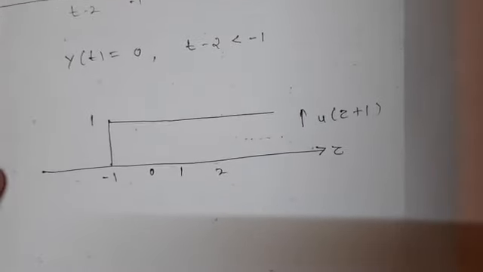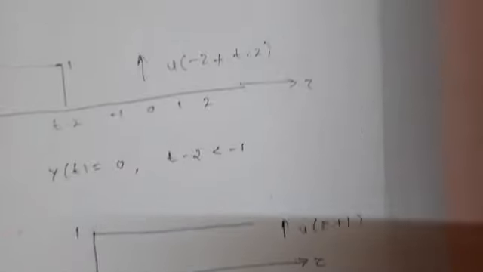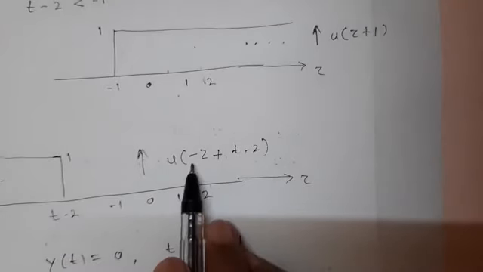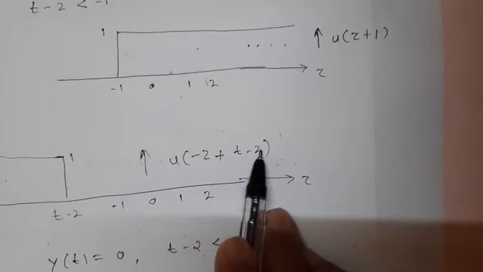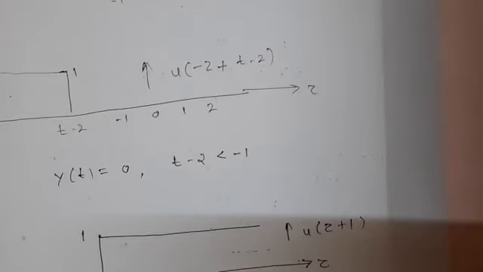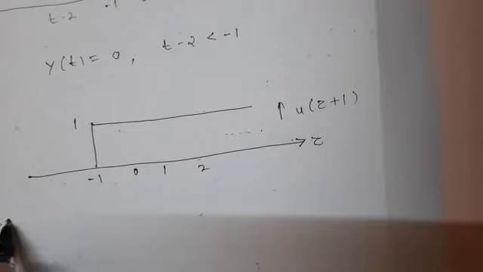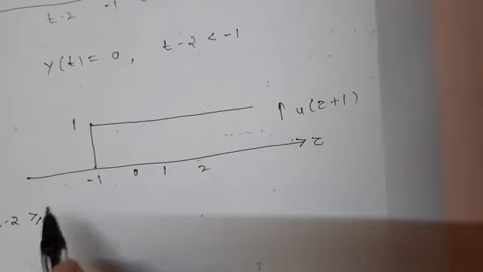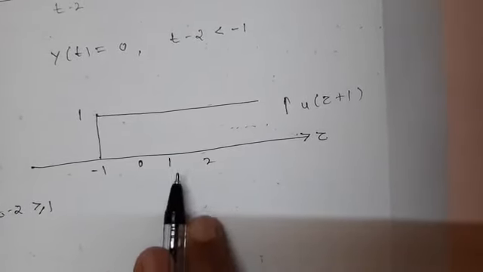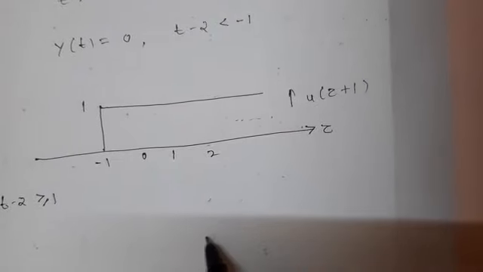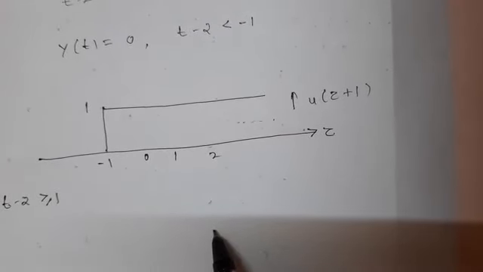Similarly, now you have to draw u of minus tau plus t minus 2. The condition is t minus 2 greater than or equal to minus 1, somewhere at 0, at 1, or somewhere greater than or equal to minus 1. So I'll try to draw here.